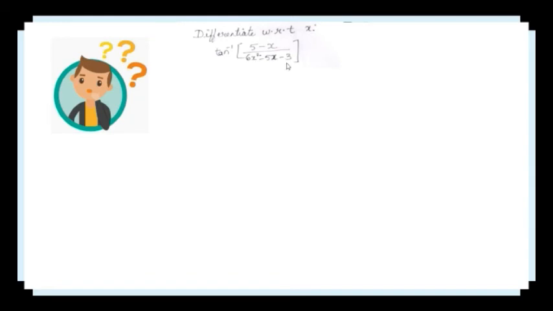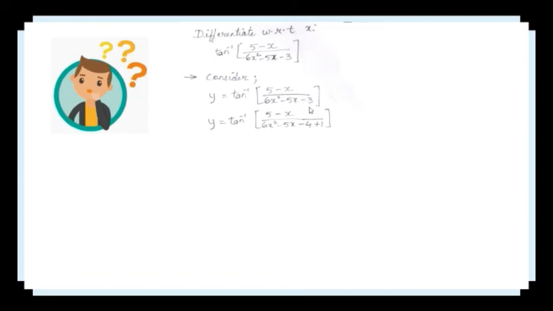Differentiate with respect to x, tan inverse of 5 minus x upon 6x square minus 5x minus 3. As I told you, over here also we will be solving the bracket first. So we'll consider y equal to tan inverse of 5 minus x upon 6x square minus 5x minus 3.